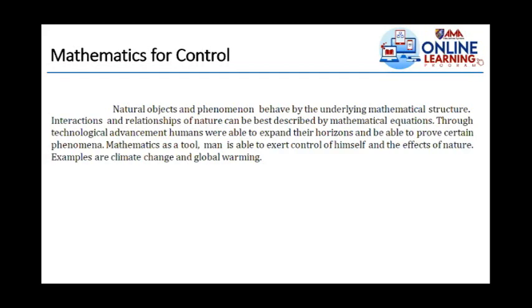May mga unusual na nangyayari. For example, yung sa Baguio na umulan ng mga ice, yung hailstorm, kahit summer. So the problem is, how would you use mathematics to prove that climate change and global warming is true? So through statistics and data gathering.